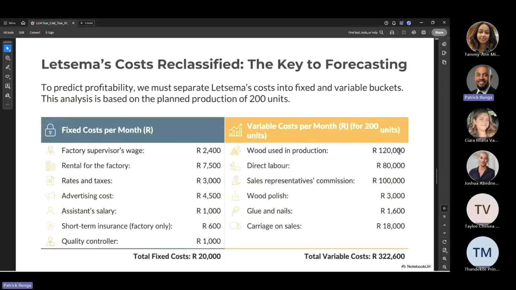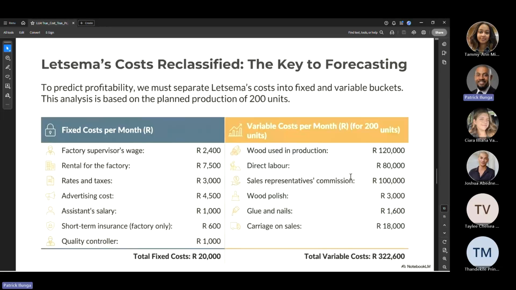You always need to ask yourself the question, why is it a variable cost? Because it increased with the volume. Ask yourself the question, if I increase the number of units, will it increase? Yes, then it's a variable cost. Okay? Direct labor, will it increase if I increase the number of units? Yes, then it's a variable cost.